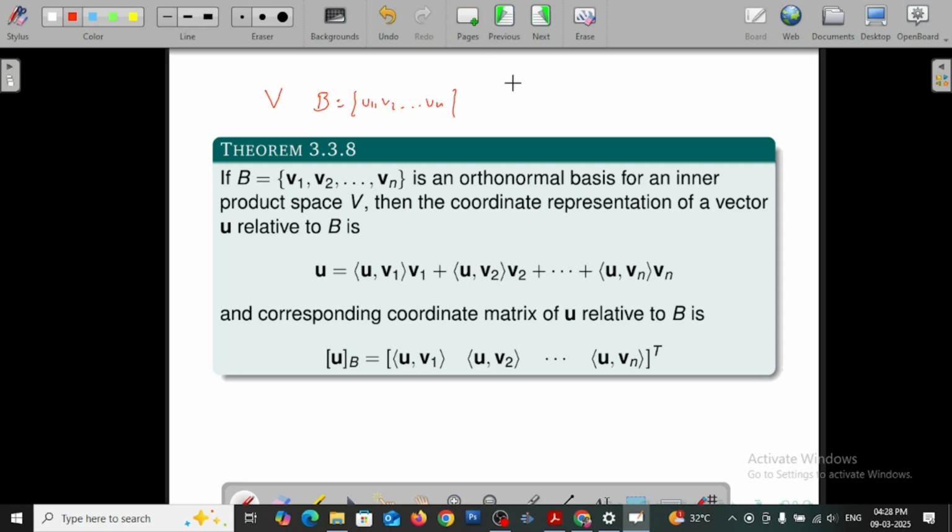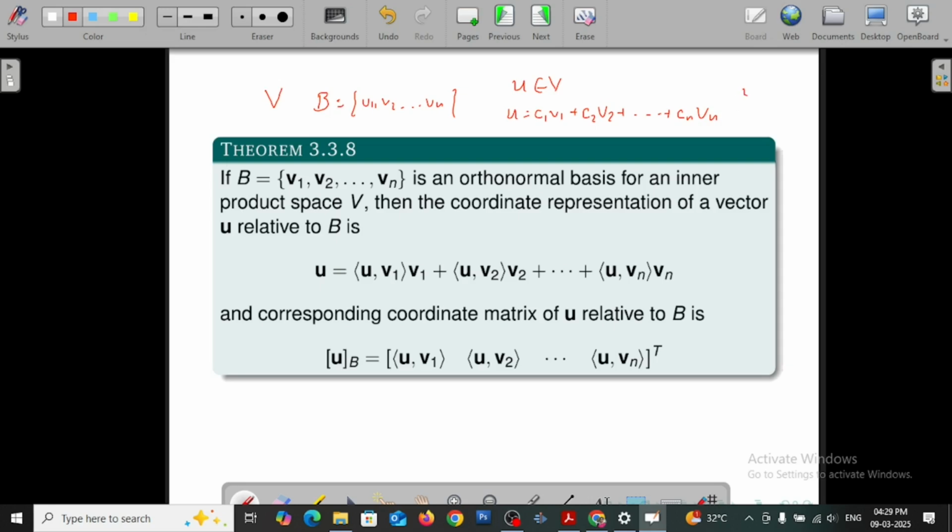And we have already studied that if U is any element of this vector space, then this element U can be written as a linear combination of the basis elements. That is, there exist constants C1, C2, etc., Cn such that U is equal to C1 V1 plus C2 V2 plus etc. plus Cn Vn.